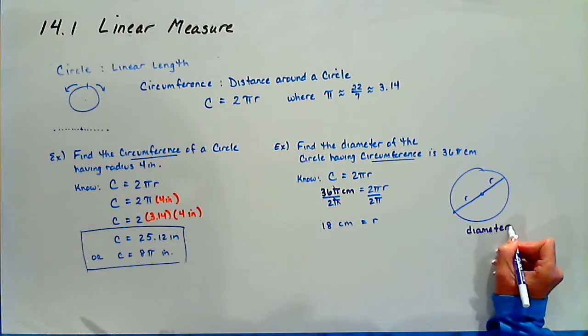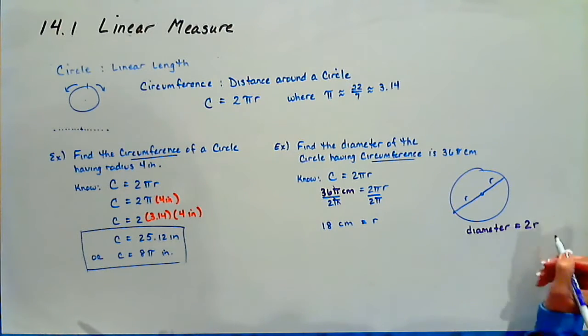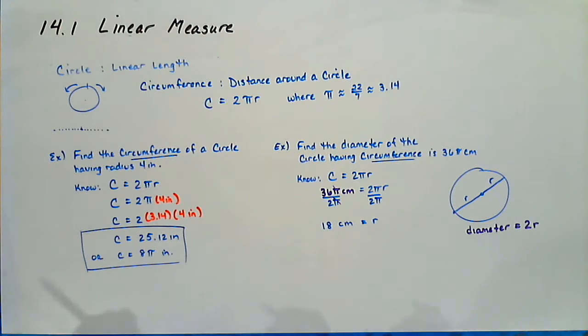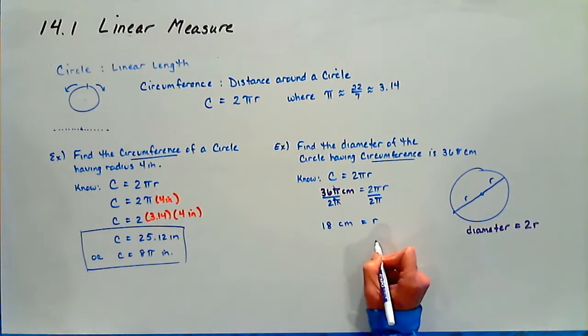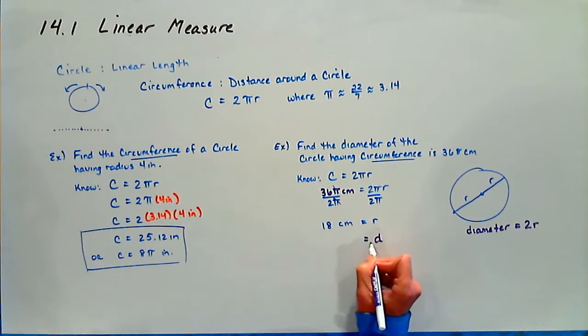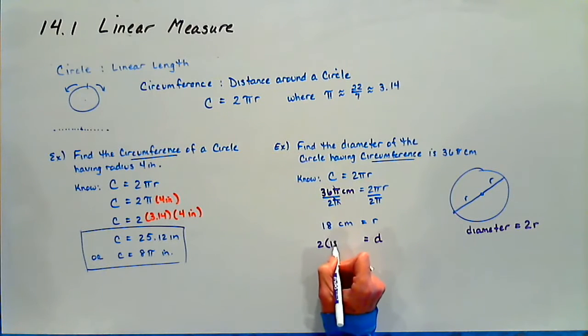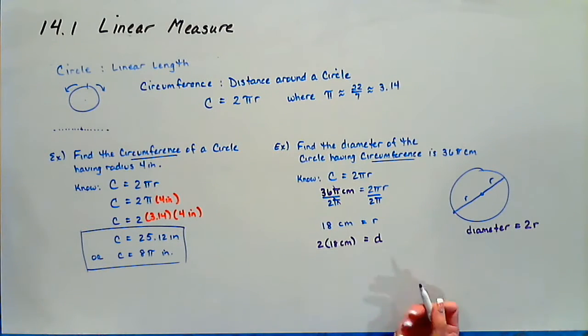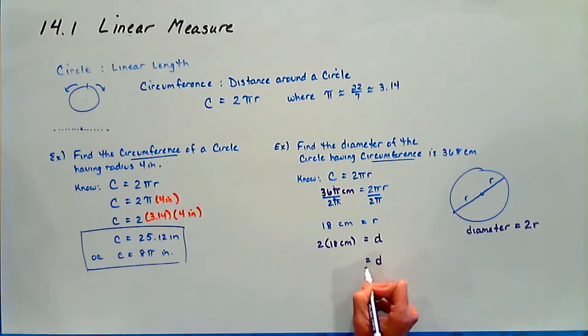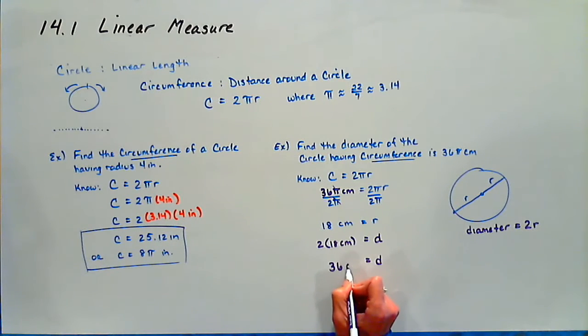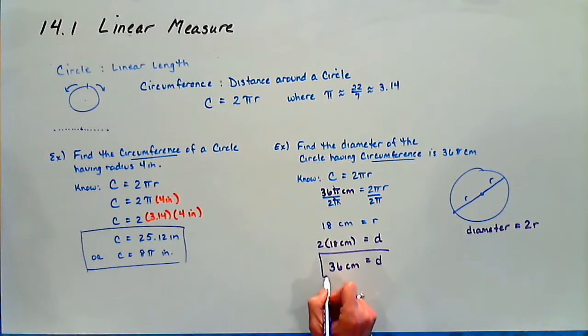So the diameter equals 2 radii. Therefore, in our problem, since we know the radius is 18, the diameter would equal 2 times 18 centimeters. Our final answer for our diameter is 36 centimeters.